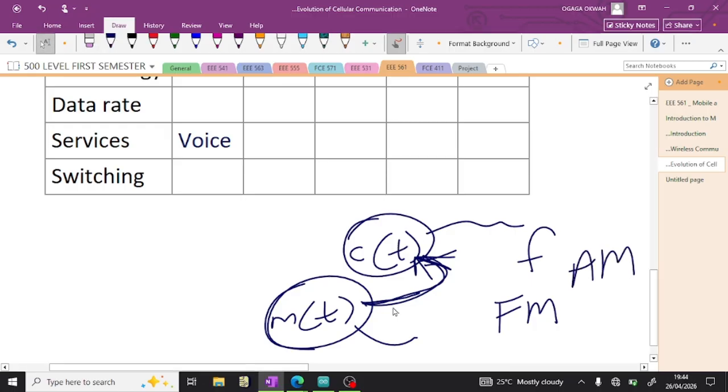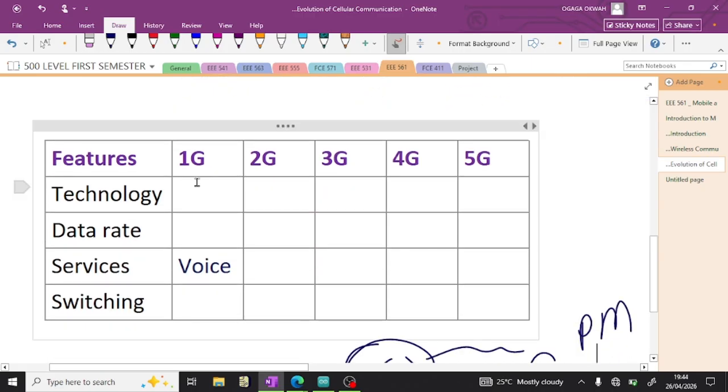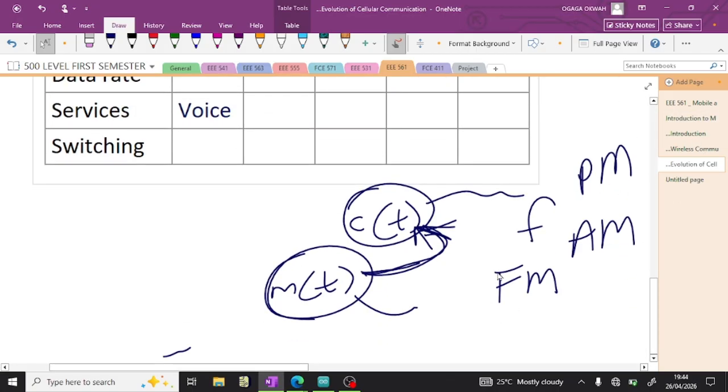If you place the message signal in the phase of the carrier signal, it's called phase modulation. So in the first generation, what they did was to place the message signal in the frequency of the carrier signal. So that's frequency modulation. So the technique used in the first generation is what? FM, frequency modulation.